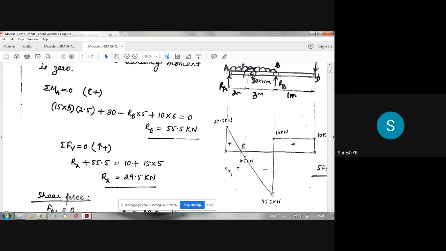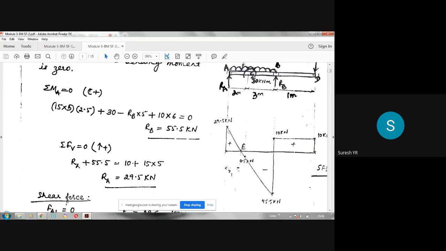Why 45.5? If you add these two, you get 75. The vertical distance from here to here is 75. So 29.5 minus 75 is minus 45.5.